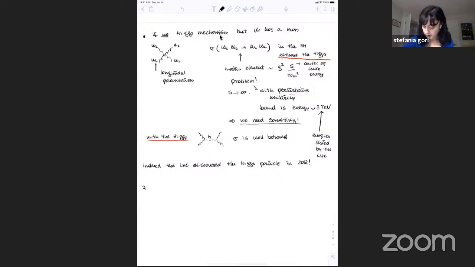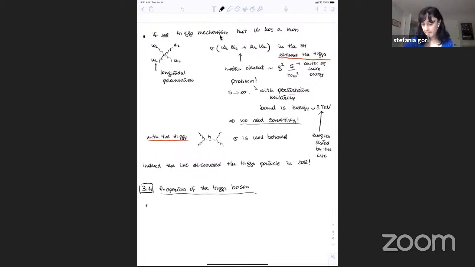So this is our section 3.4, properties of the Higgs boson. We have to study the properties, we have to understand how the Higgs interacts with all the other particles of the standard model.